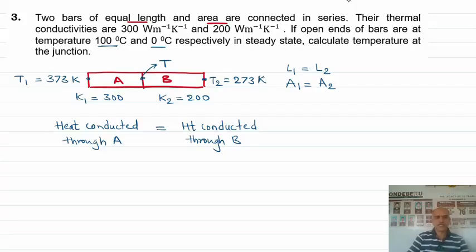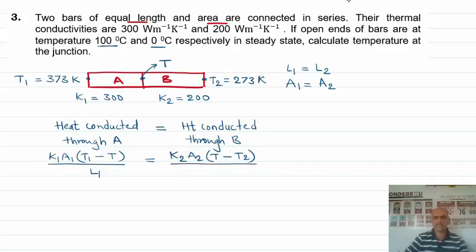For A: K1 A1, temperature difference, from T1 to T, so T1 minus T divided by length L1. Similarly for B: K2, cross sectional area A2, temperature from T to T2, divided by length L2. Now simplify and substitute values. Given L1 is equal to L2, so this gets cancelled. A1 is equal to A2, this gets cancelled.